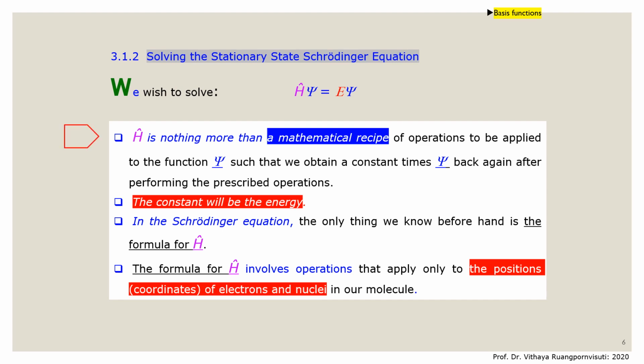The Hamiltonian H is nothing more than a mathematical recipe of operations to be applied to the wave function psi, such that we obtain a constant times the wave function psi back again after performing the prescribed operations.